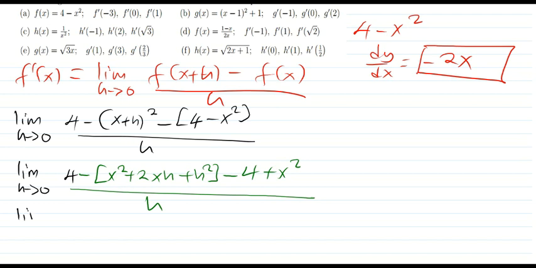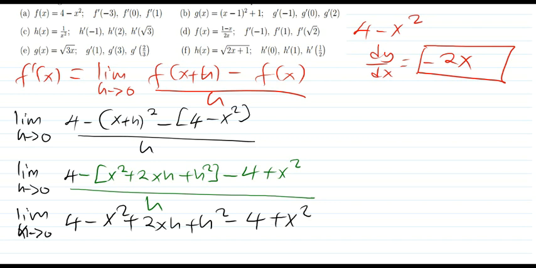So I have the limit as h approaches 0, I have 4. Now I can distribute the negative: minus x squared plus 2xh plus h squared. What else do we have? Then I also have minus 4, then plus x squared, everything divided by h.